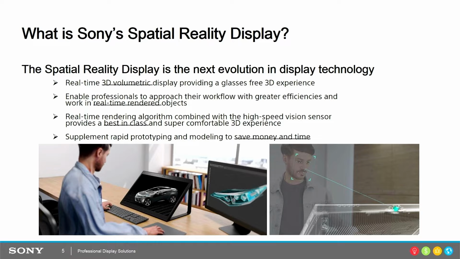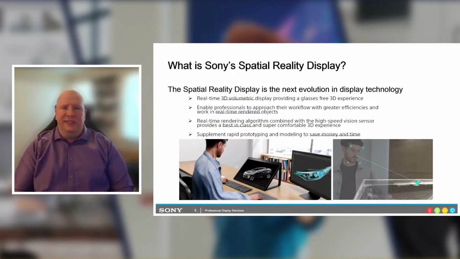Because you can view it as an object, you can see all the different sizes, see any kind of issues you would have with interferences, or just double check clearances. All that's available to you, just like it would be if you 3D printed it or rapid prototyped it.